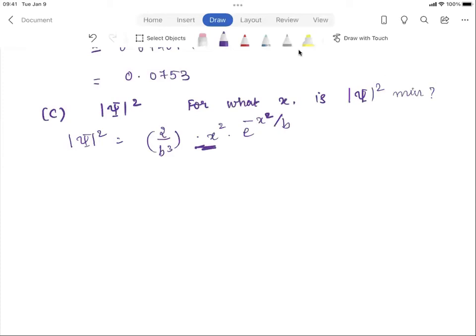So if we want to have a minimum probability, that can happen when x is equal to 0. When x is equal to 0, this value becomes 0. So without really having to compute anything, we can just say that the probability density is minimum when x is equal to 0. So that's the answer.